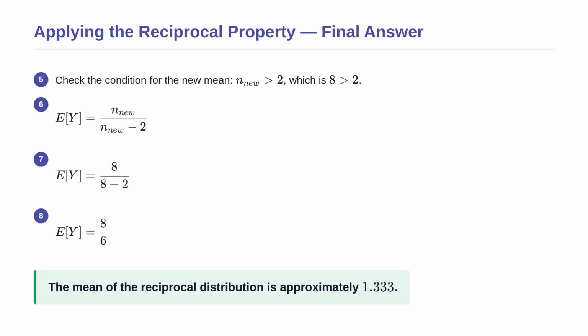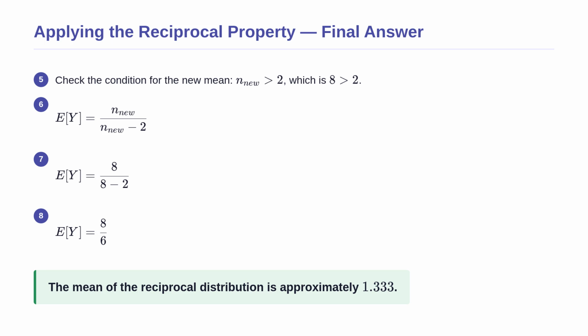Continuing with our biological study, we now calculate the mean for our new variable y. Remember, the expected value formula only cares about the denominator degrees of freedom of the distribution it is applied to. We call this new denominator n nu to avoid confusion. We quickly check that n nu is greater than 2, and since 8 is greater than 2, we can proceed.